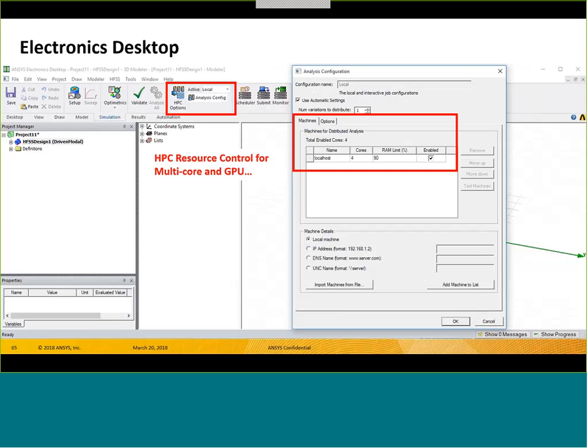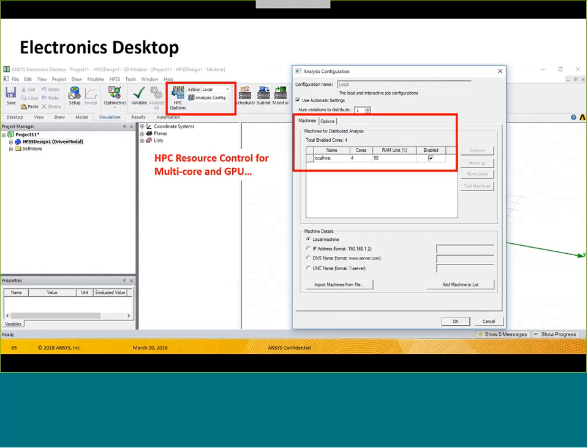Another thing that's important is HPC setup resource control is available all directly inside the interface. So whether it's controlling multi-cores, let's say on a laptop on one computer, or maybe distributing a job across a multi-blade Linux cluster, you can just set up a configuration one time and then call that configuration with however you want to distribute your job.